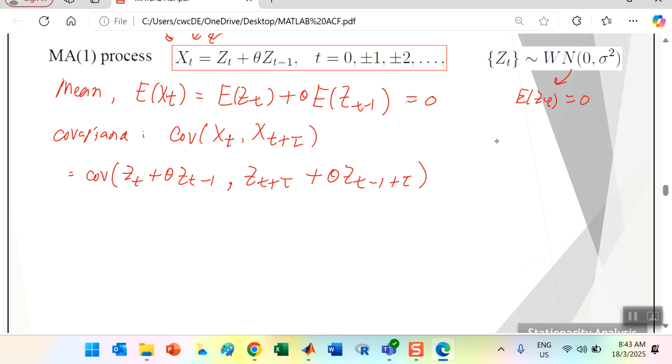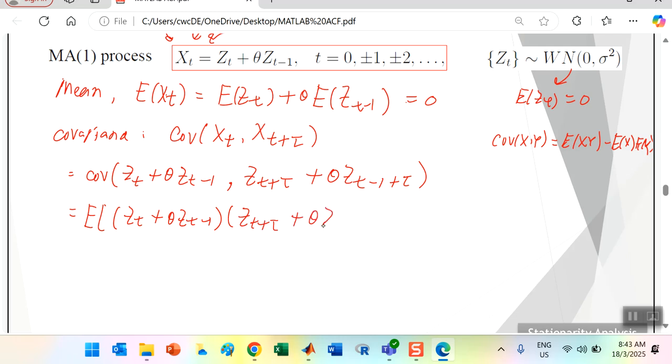So we know that the covariance of X and Y, in general, is the E of XY minus the individual expected values of X and Y. So here we just use the E of ZT plus theta ZT minus 1, multiplying ZT plus tau plus theta ZT minus 1 plus tau.